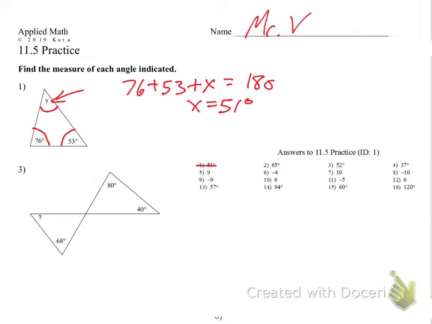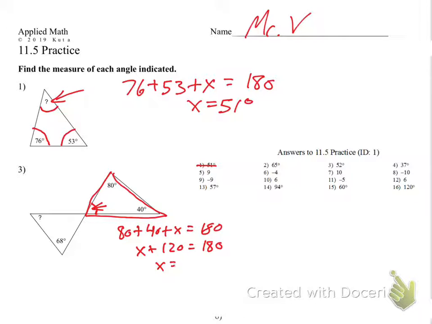Number 3. So here what we're going to need to do is we're going to need to find this vertical angle first. It's kind of like a little bit like a puzzle. So we're going to do the same thing. We're going to do 80 plus 40 plus, we're going to call this one right here x. And that's going to equal 180. So that's just this triangle right here. So when I do that, I find out that it's just x plus 120 equals 180.